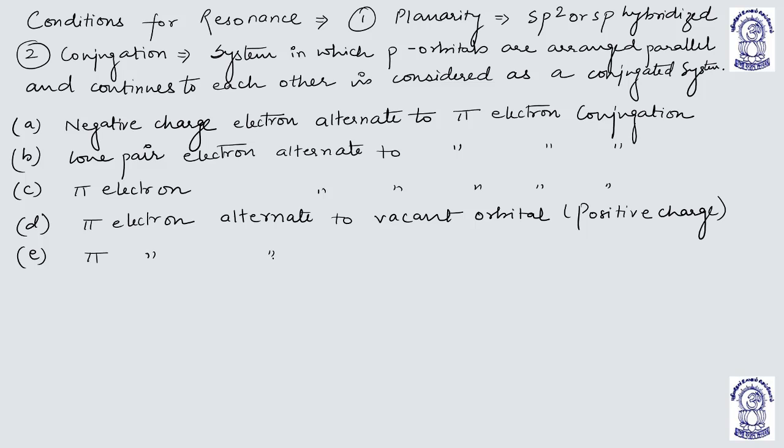Pi electron alternate to an odd electron, that is a free radical, conjugation.